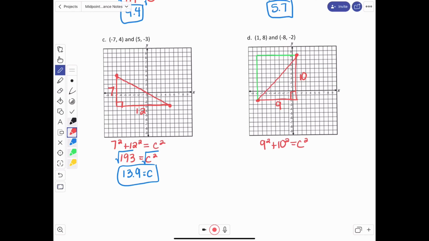So 9 squared plus 10 squared is going to be 181 equals c squared. Take the square root of both sides, and the square root of 181 is going to be 13.5. Okay, so this is a way you could do it if you had some graph paper. If you couldn't remember the distance formula, if you had graph paper, you could plot your points and do it using Pythagorean theorem.